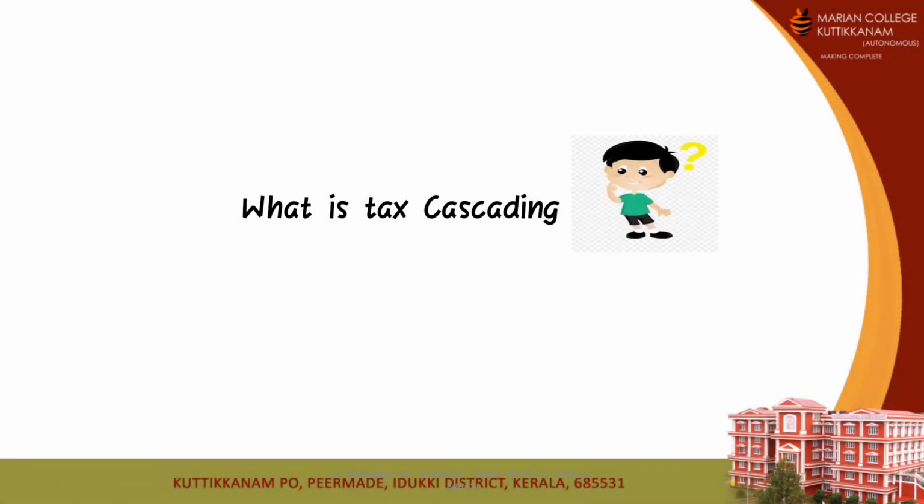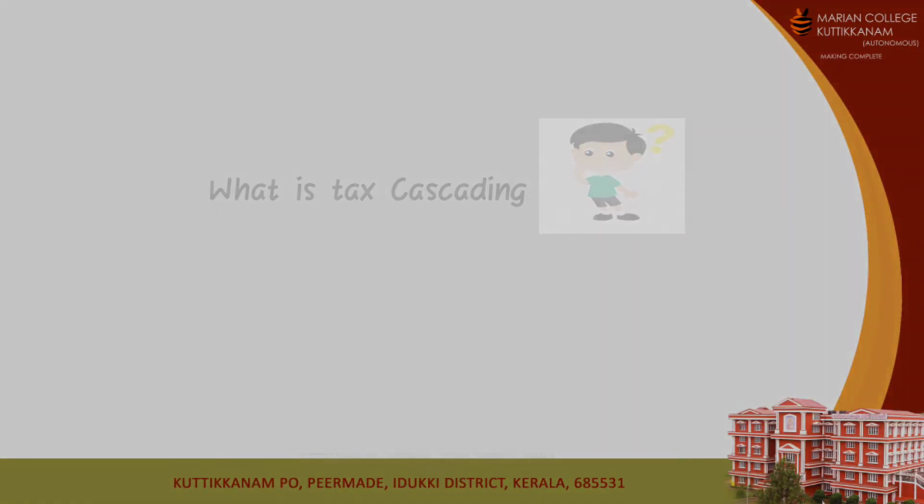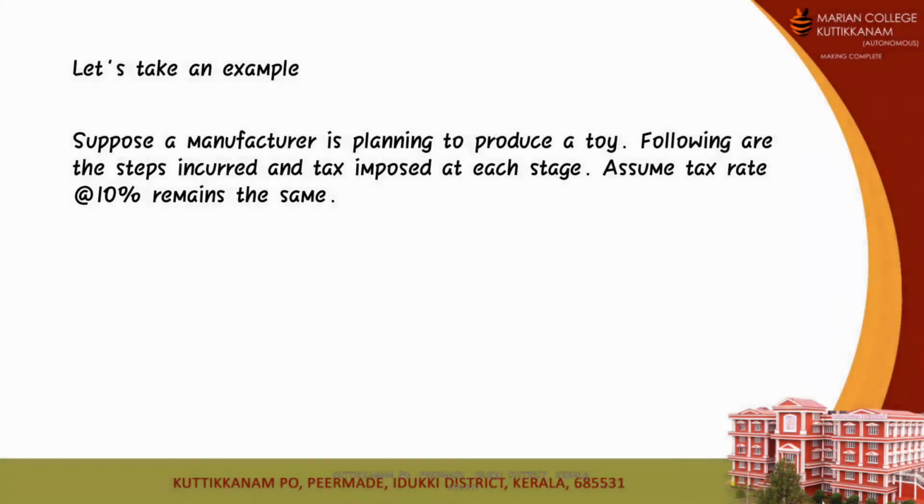So what is tax cascading or the cascading effect? In our example, we have a manufacturer who is planning to produce a toy. The steps incurred are given in the example, and we assume that the tax rate is constant at 10%.